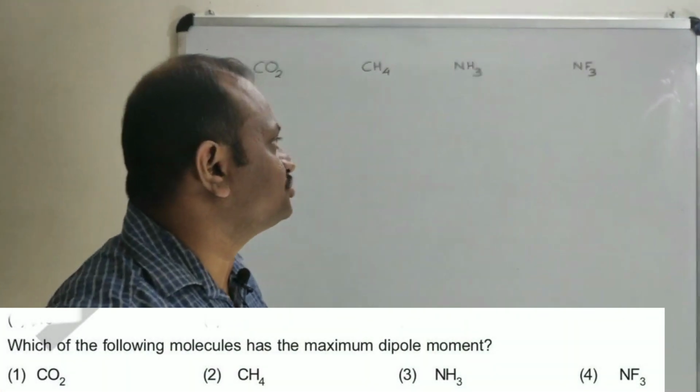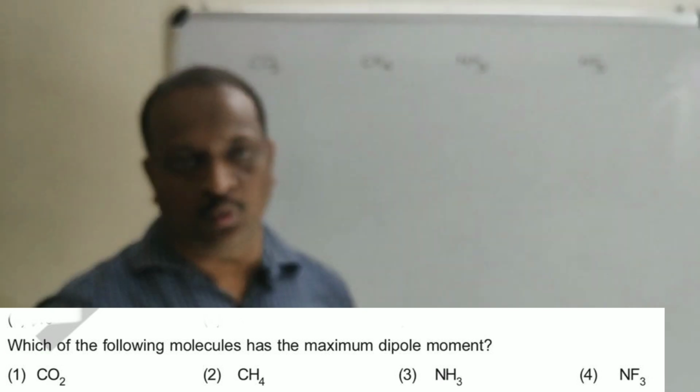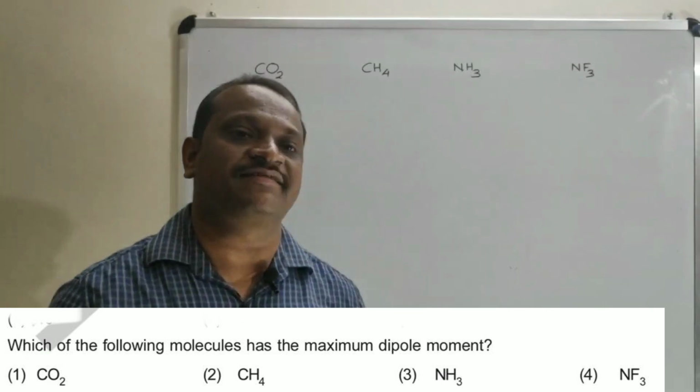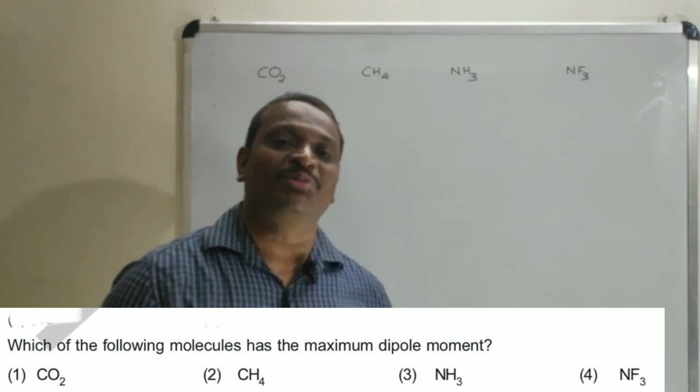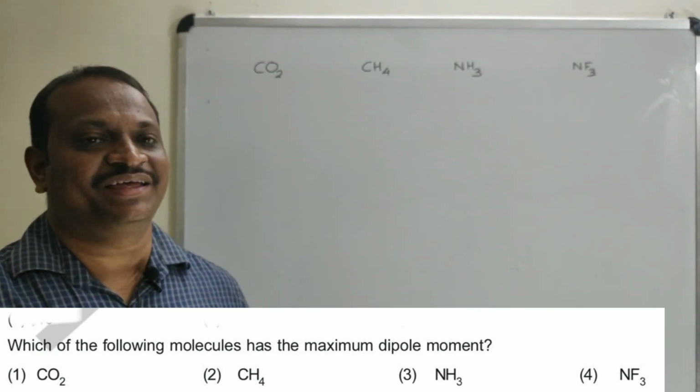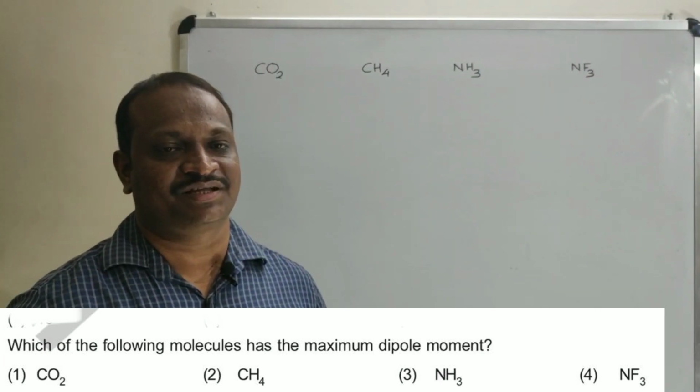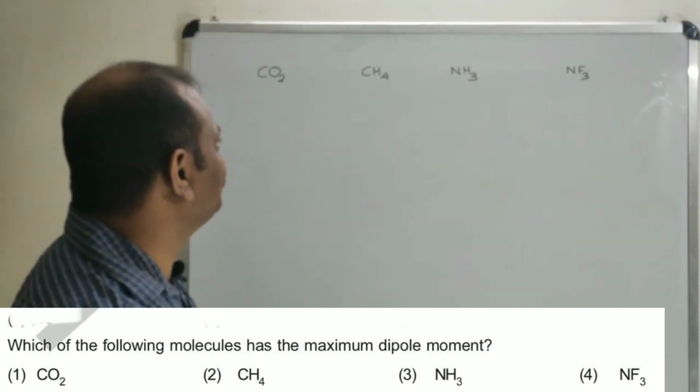In this particular question, they're asking which of the following compounds has the highest dipole moment. See, the dipole moment of a compound is decided by its structure. Look at the structure of the compound.